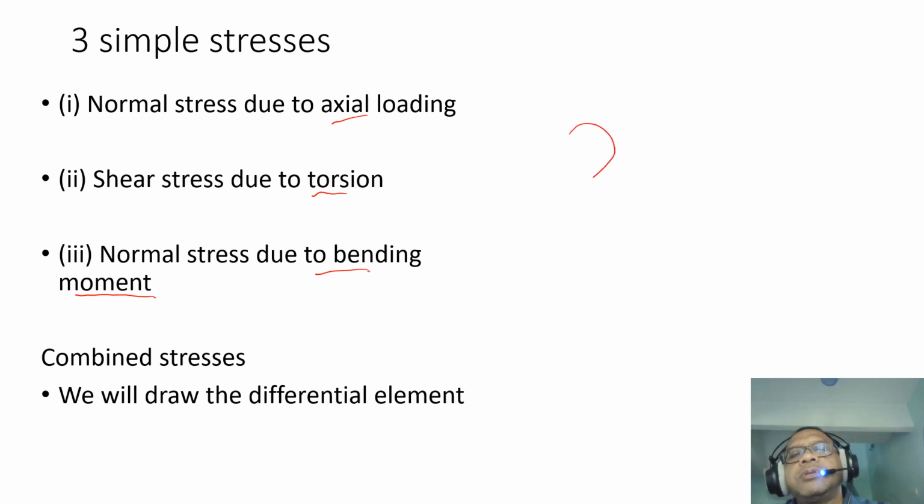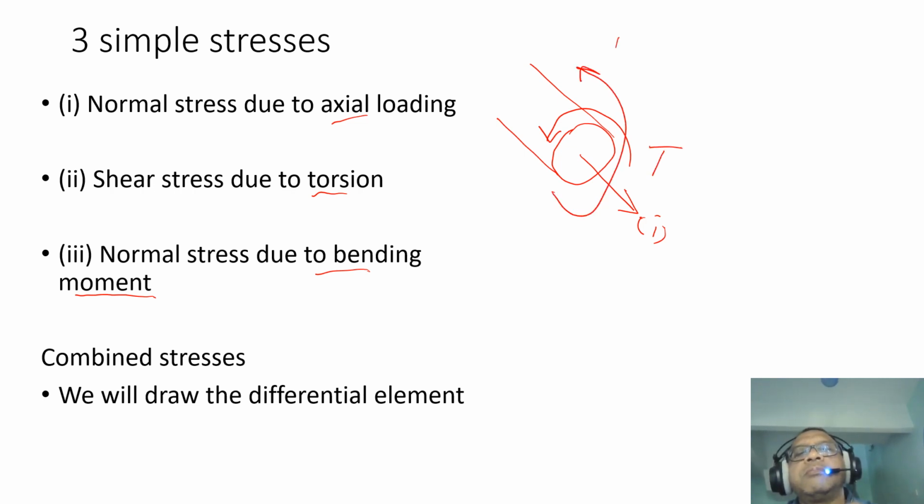So we normally look at the shaft, and then you have this axial loading, number one, shear stress due to torsion, T, and finally this bending moment, M. And each of them will create stresses on the parts, as you may remember that when we apply an axial force and look at the differential element, the stress will look like that.